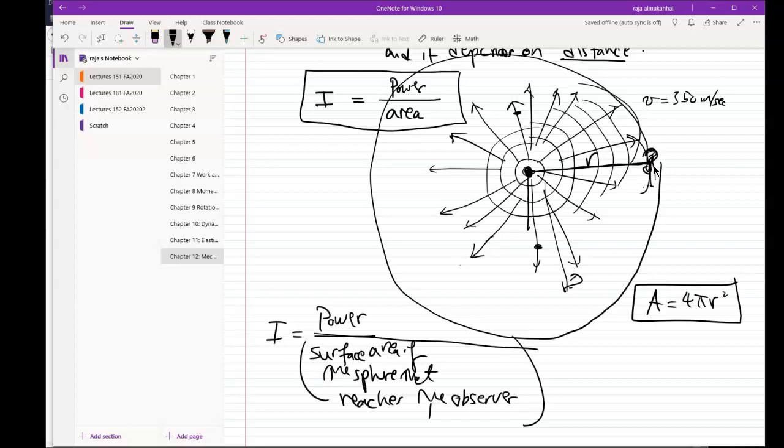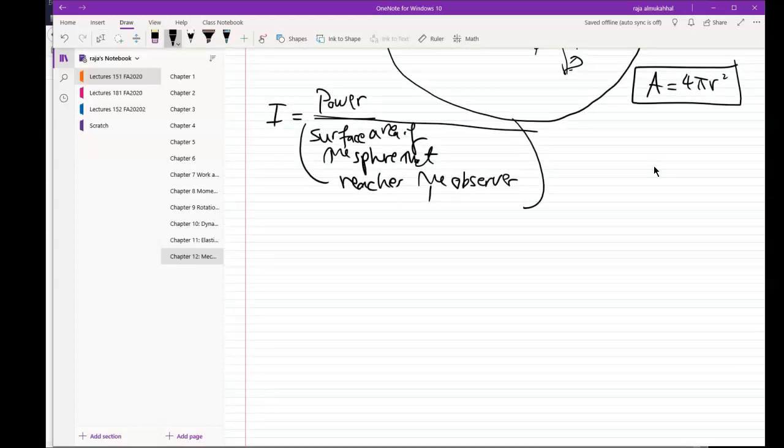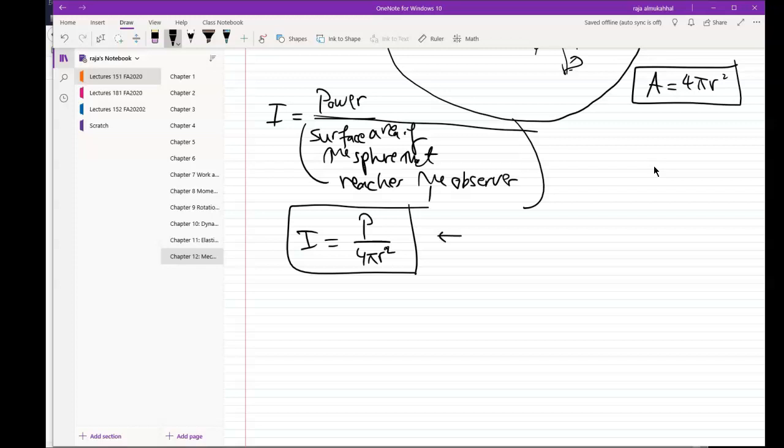So I'm going to write intensity in the following manner: intensity is equal to power over 4 pi r squared. That's the idea behind this area. So we're not really measuring distance only, we're actually measuring the surface area of that sphere that has reached my ears. You got it? So this is how we define intensity. Okay, so far?